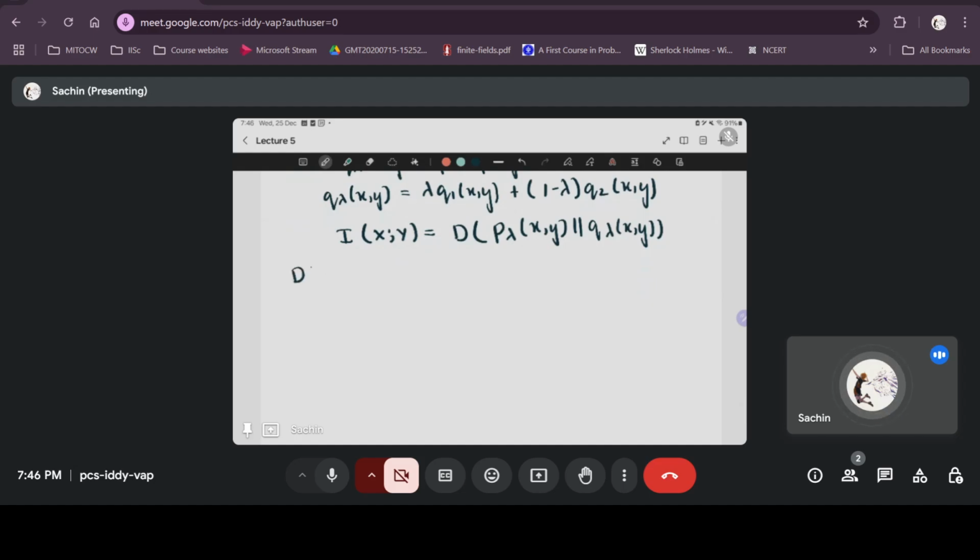Now we already showed that D of p parallel q is a convex function of p comma q.